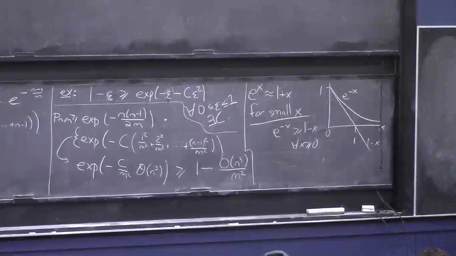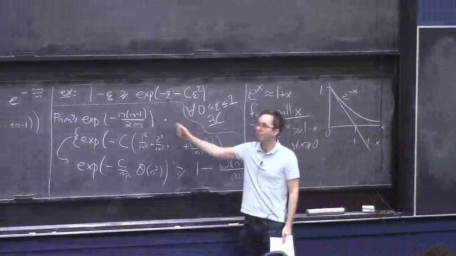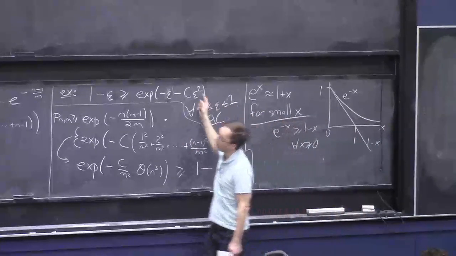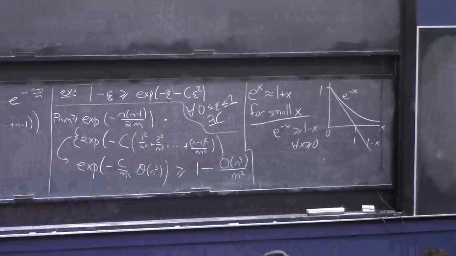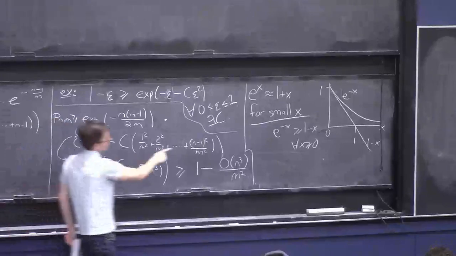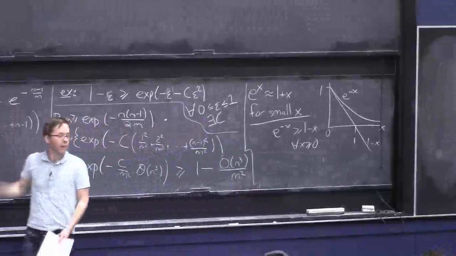Yeah? This one? I used this lower bound on each of these factors in the same way that here I used this upper bound on y minus x for each of the factors.